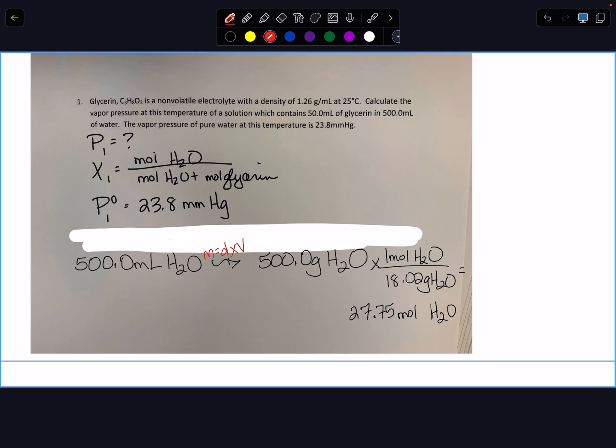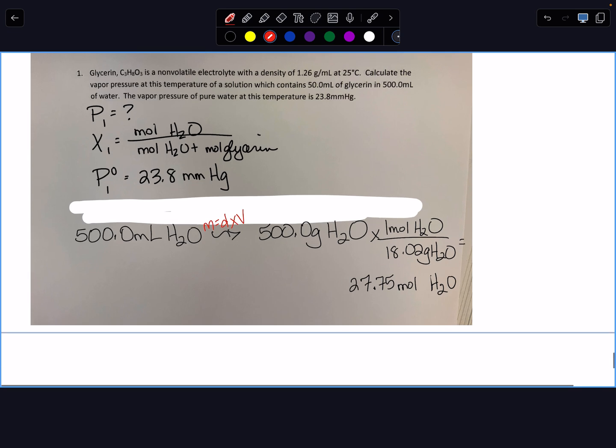So we needed that explanation because, y'all, we have to do the same thing for glycerin. How much glycerin do we have? 50 milliliters. We've got 50 milliliters of glycerin. 50 milliliters of glycerin does not weigh 50 grams because the density of glycerin, it tells us in the problem, it's 1.26 grams per mil.